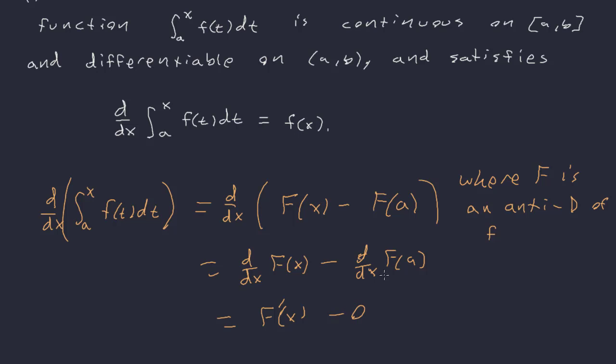This is just going to go to 0 when we take the derivative. So this whole thing ends up being capital F prime of x, but since capital F is an antiderivative of little f, that means capital F prime is little f of x. Okay, so that's basically what this is saying.